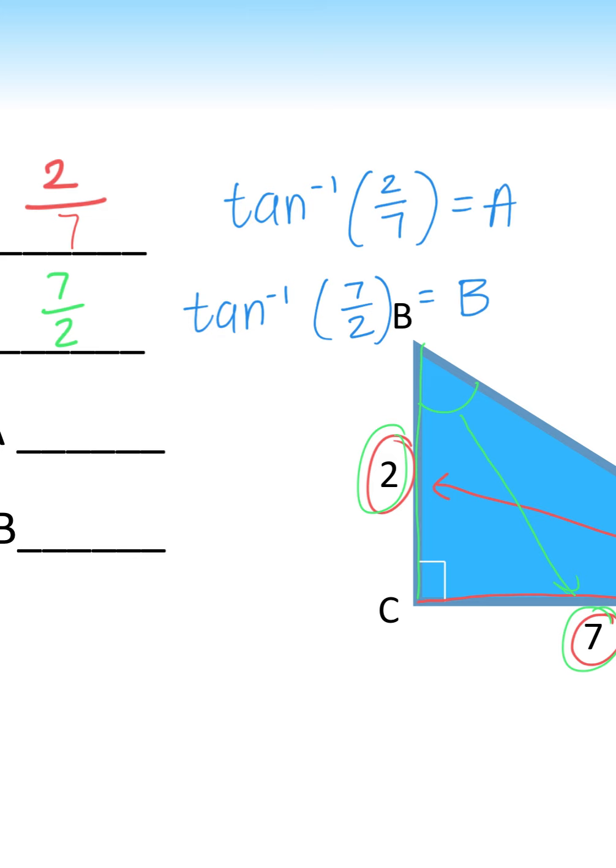So we're going to switch back over to our calculator, and we're going to take the tangent inverse of 2 divided by 7, which is 15.94. We're going to round that to 16 degrees. Make sure you're rounding your degrees to the nearest degree.